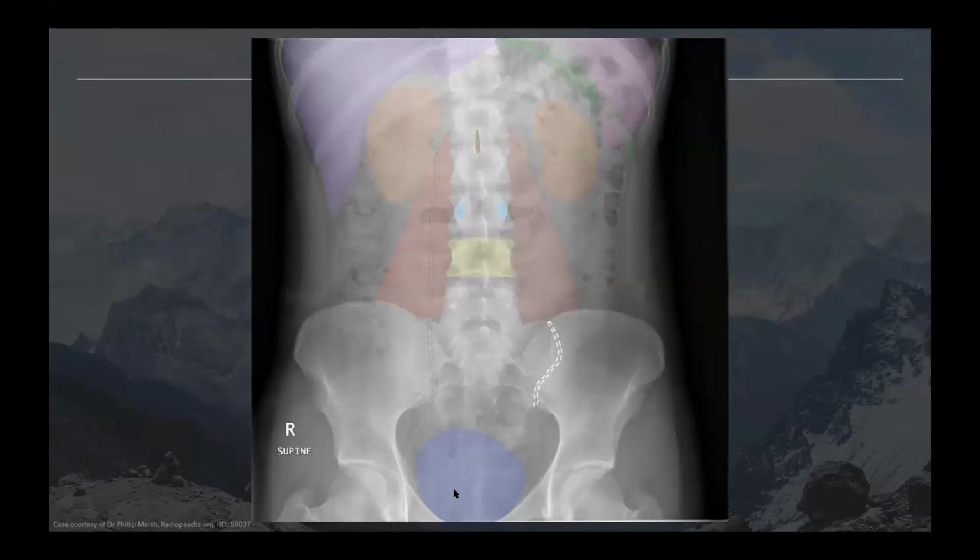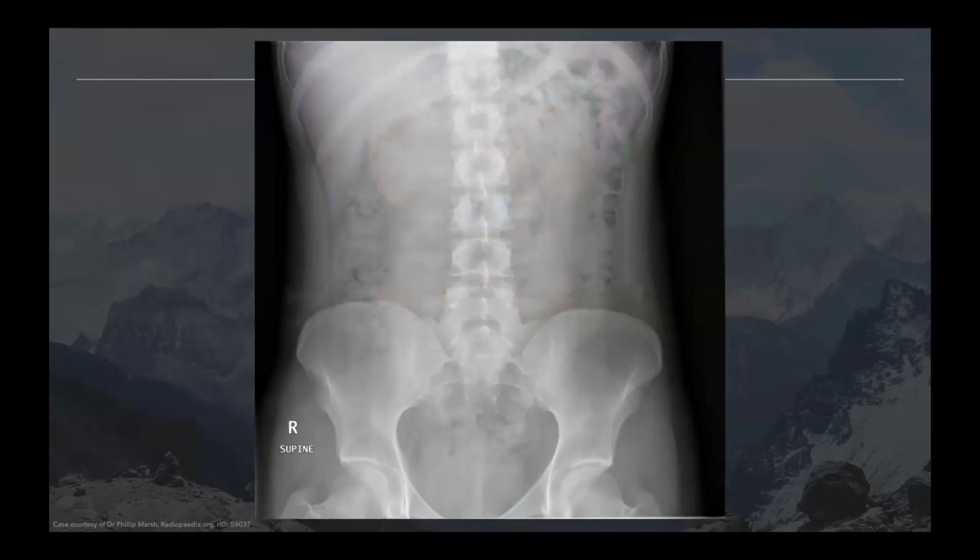And remember, they insert into the base of the bladder posteriorly at the level of the ischial spines, which is this thing here. So I'll just take those highlights off and just try and get in your mind. So you've got liver up here. You can just about see the kidneys. You can see the psoas muscles. But again, it's all very poorly assessed using this modality.